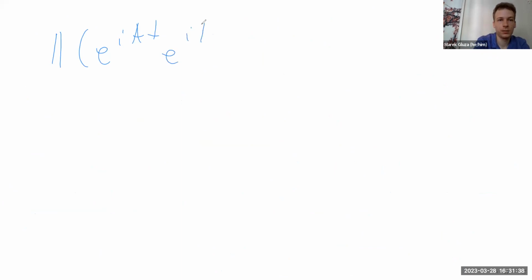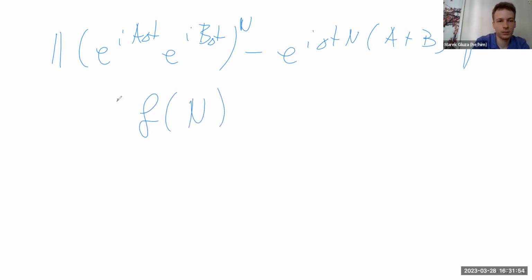Next week, the operator norm of e^{iAt}, e^{iBt} to the power n, with delta t, minus e^{i delta t n (A+B)}, and we will show what this function f_n is. And those are very nice bounds.